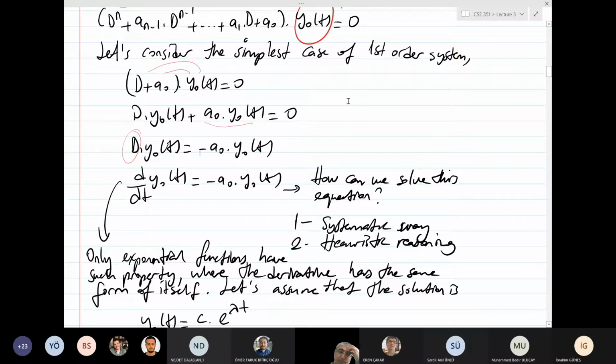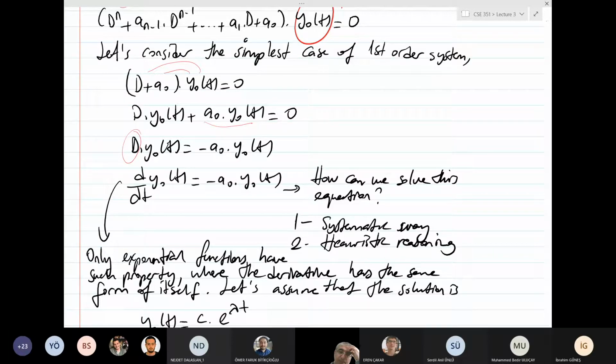And how can we solve this equation? There are two ways. The first one is the systematic way. The second one is heuristic reasoning. What this equation tells us is that y0 is such a function that when you take the differential, you obtain the same function.